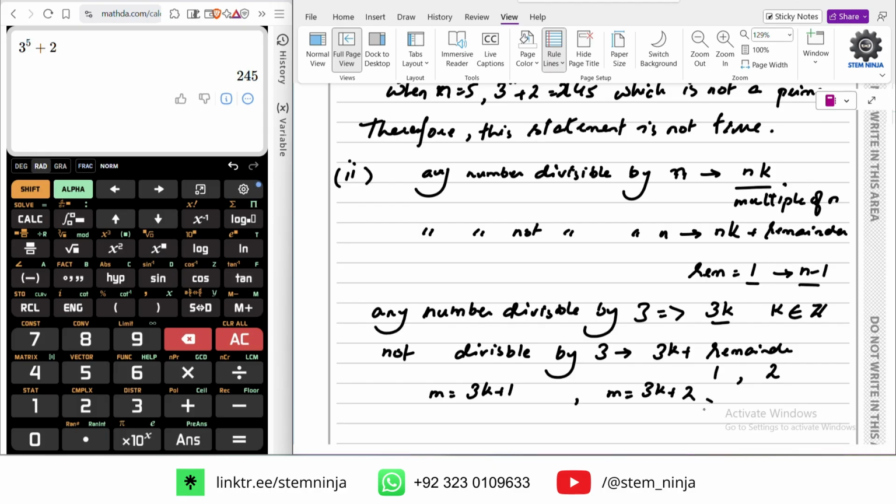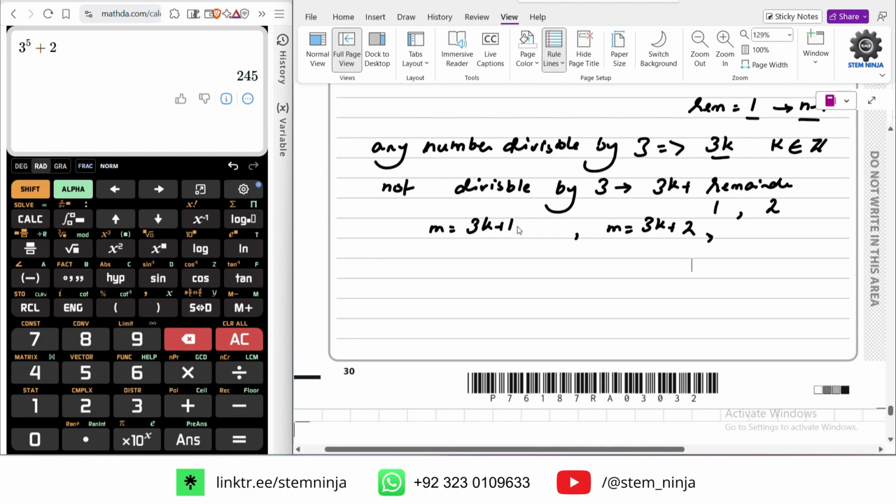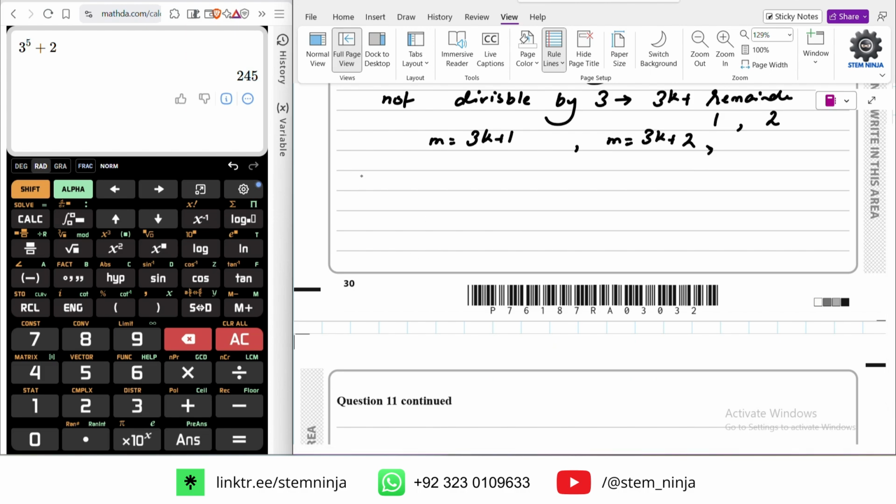If you do 3k plus 3, it would become divisible. So you can either get a remainder of 1 or 2. Now if m is not divisible by 3, then m squared minus 1 is divisible by 3. Okay, so let's test these two cases.